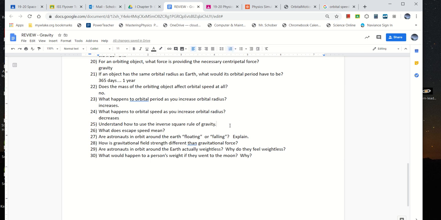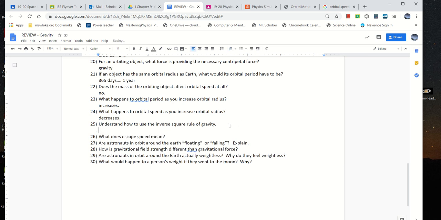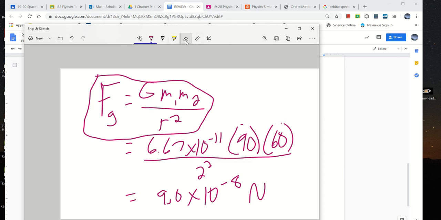Already covered that. How do you understand how to use the inverse square rule of gravity? Both the force of gravity and the acceleration of gravity follow an inverse square rule. So remember what an inverse means. Inverse means flip a number, then you square it. So if distance doubles, so distance is 2 times as much, maybe go over to our drawing board here really quick.